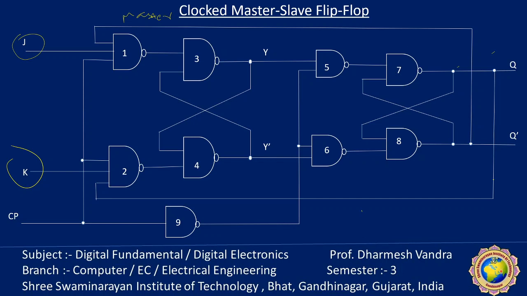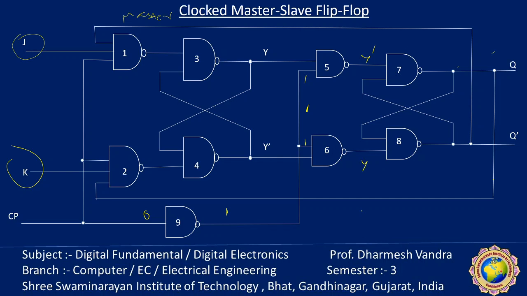Remember, when the clock pulse is 0, the output of gate number 9 is 1. So 1 and y dash gives y dash; 1 and y gives y.